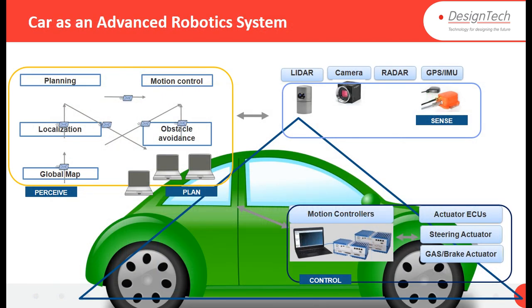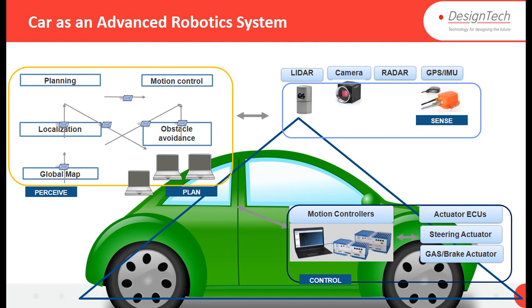Okay, now next, the car as an advanced robotic system. So till now we discussed what kind of modules we require to design. Some more advanced modules we are going to discuss in MATLAB. Let's say that I have to design a car as an advanced robotic system, a self-driving car, an automated driving system.